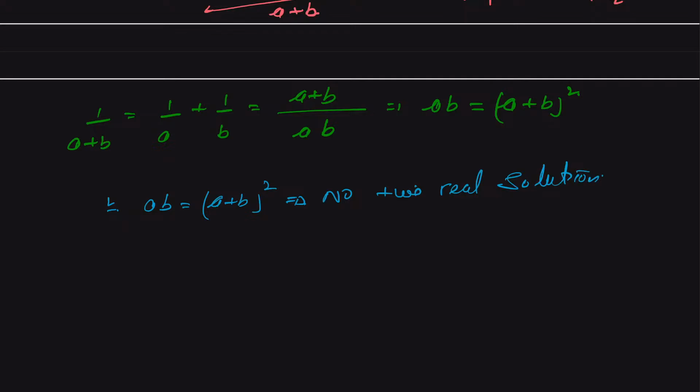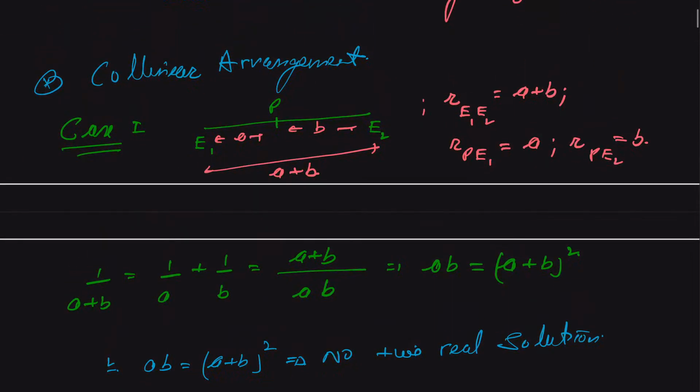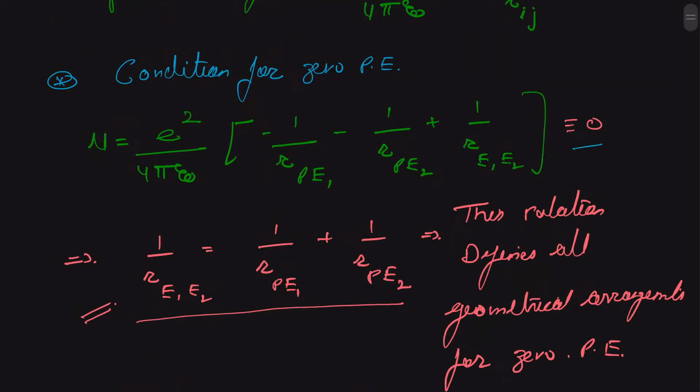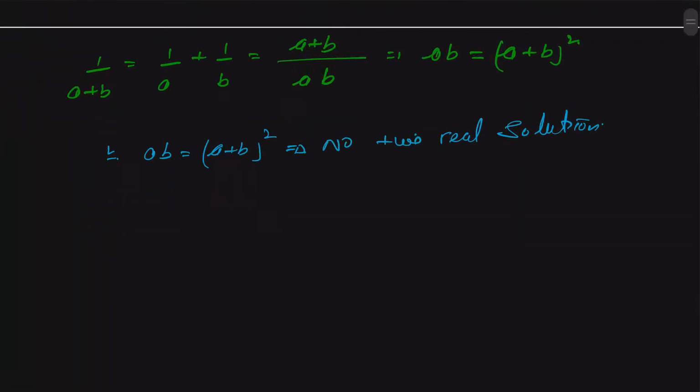If there is no positive real solution, it means this arrangement of case 1 is not possible with respect to the total potential energy being equal to 0. So from here we can draw this conclusion: no zero potential energy arrangement.